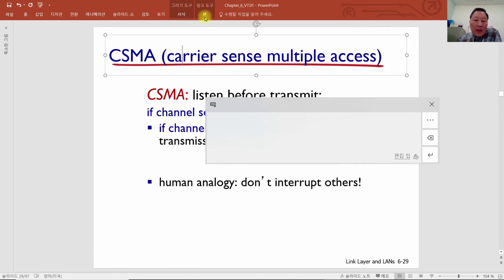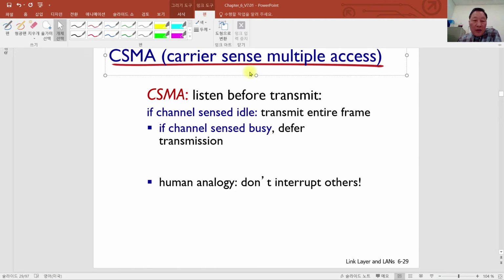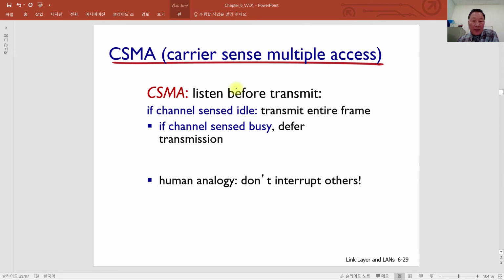Okay, let's look at the next one: the carrier sense multiple access scheme. This one is more important than the previous one because we are using the evolved version of this. The original concept was this: listen before transmit. Carrier sense multiple access. Carrier sense means listen before sending, before transmission.